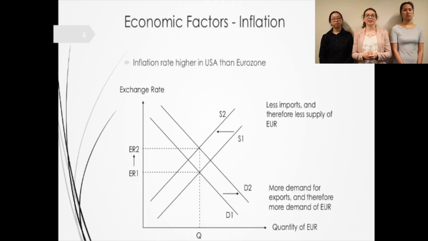Moreover, we had a look at the interest rate. The federal funds rate is currently 0.25% to 0.5% in the United States. This is according to the Federal Reserve System.